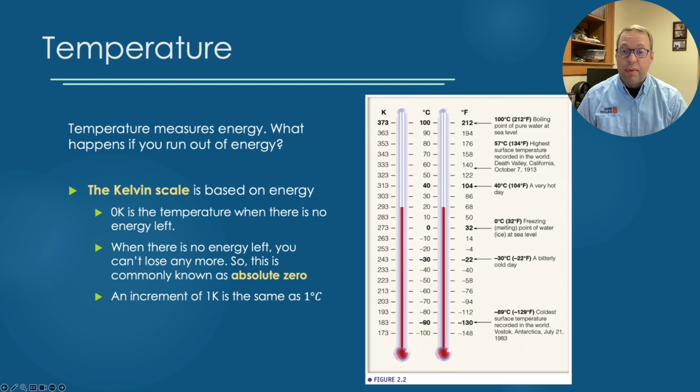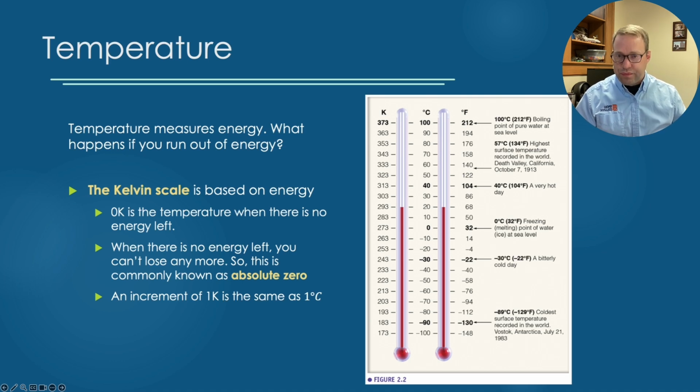And it so happens that this happens at a temperature of negative 273 degrees Celsius. That would be the temperature in Celsius, but in Kelvin, we're just going to rename that as 0. That becomes our new 0, and then we just use our Celsius scale there.